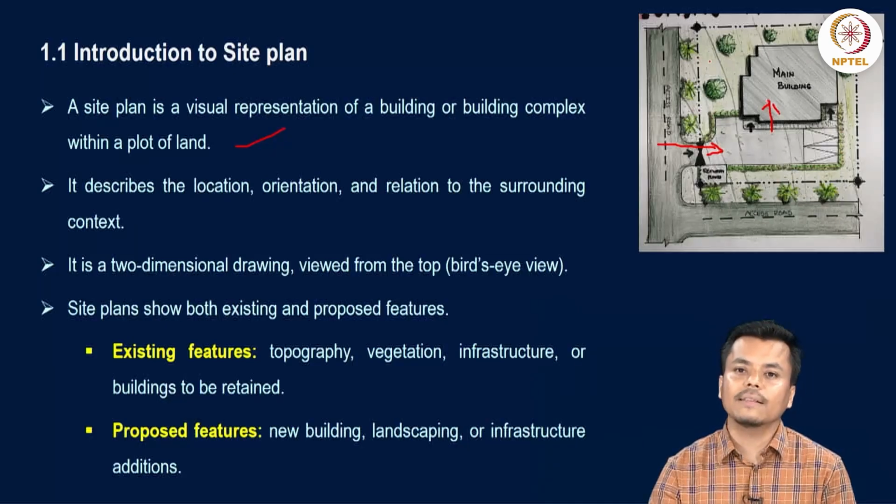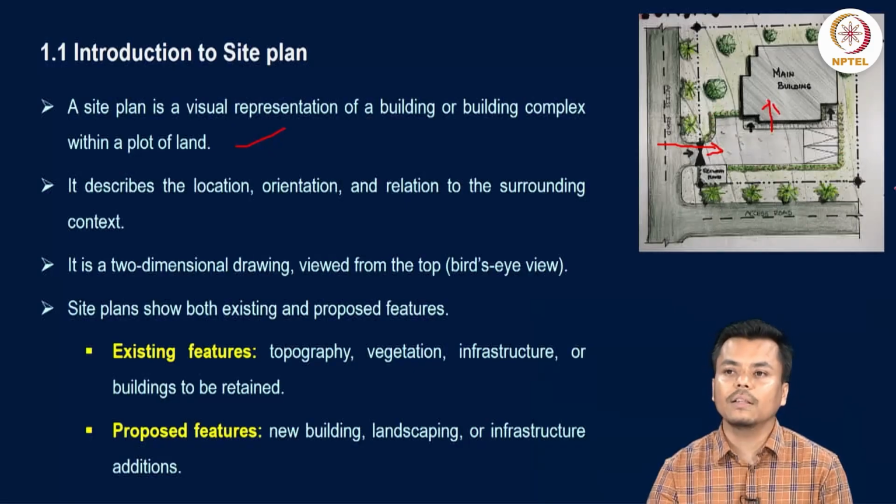So what sort of landscaping is done, and where are the hardscape and the softscape? All this information is there in the site plan, along with the parking details as shown here in this case.